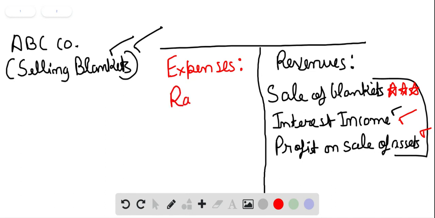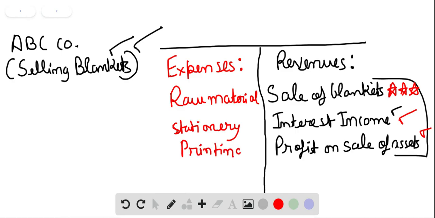Now let's come to expenses. First, raw material. If there is a business of selling blankets, then raw material will be the first and biggest expense, followed by stationery and printing expense.